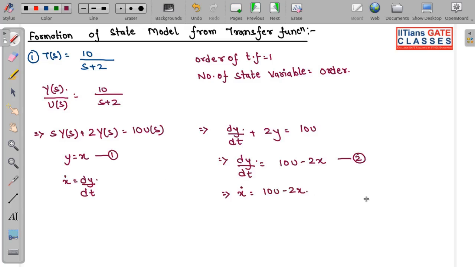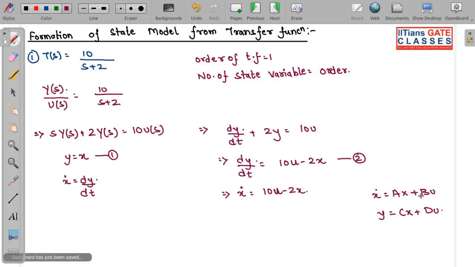Now if you compare this, so we know x dot is equal to ax plus bu and y is equal to cx plus du. So this we know. So now comparing with this, you can see I can write this in matrix form. So this is 10u, don't consider, I have written it like 100. Okay, so let me write it properly. 10u and this is u.